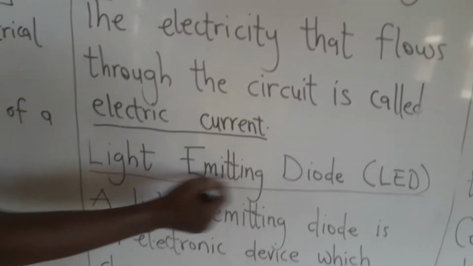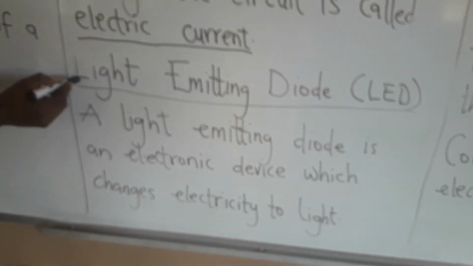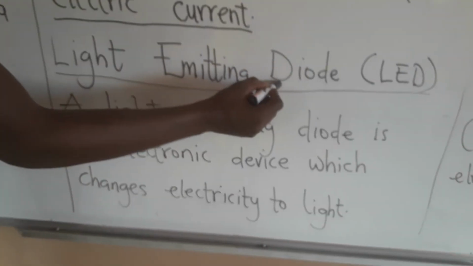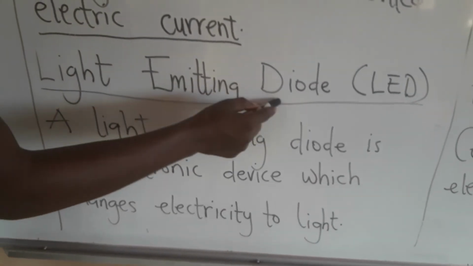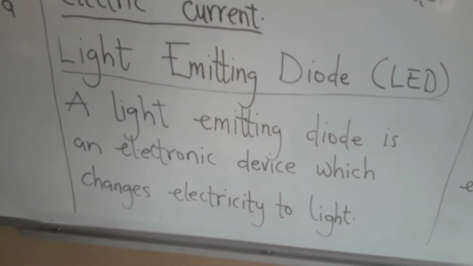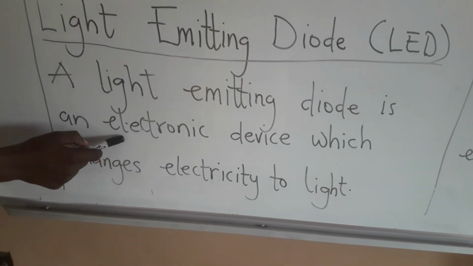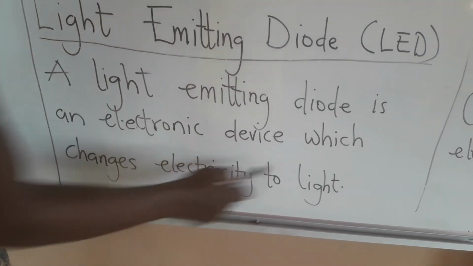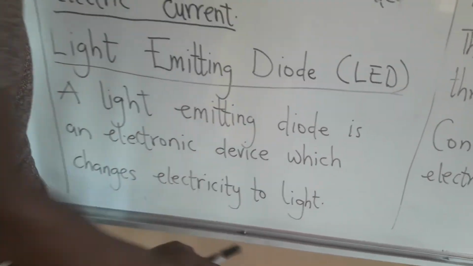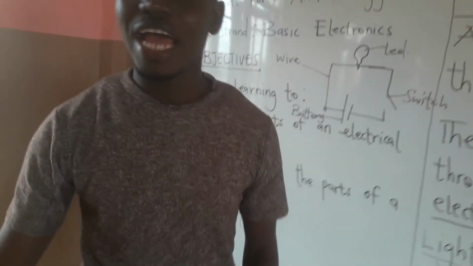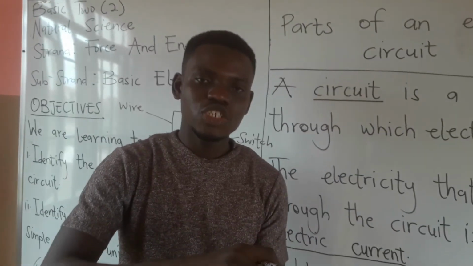Now we said the light emitting diode, which is LED. When you see LED, we are talking about what? Light emitting diode. A light emitting diode is an electronic device which changes electricity to what? Light. In our previous experiment where I showed you the circuit with the bulb, you realize there was this green bulb.